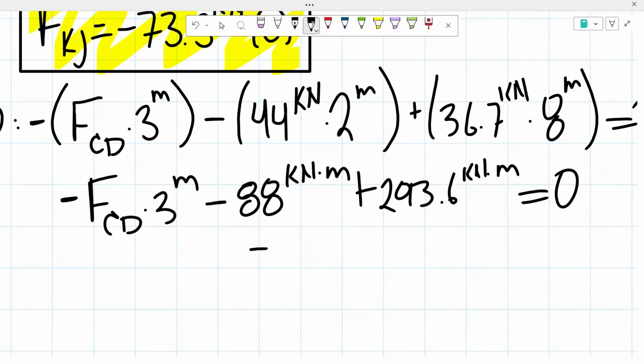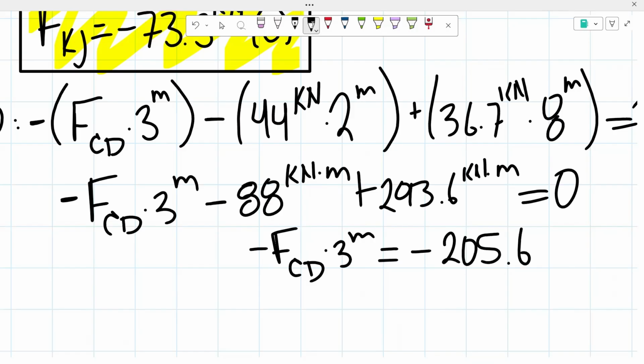So from there, we would end up getting that the force of the member CD times 3 meters has to equal negative 205.6 kilonewton meters.